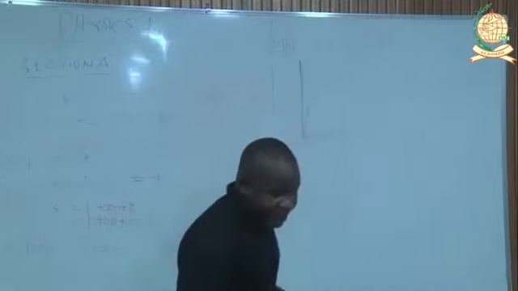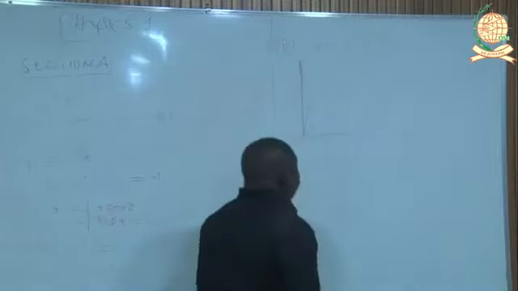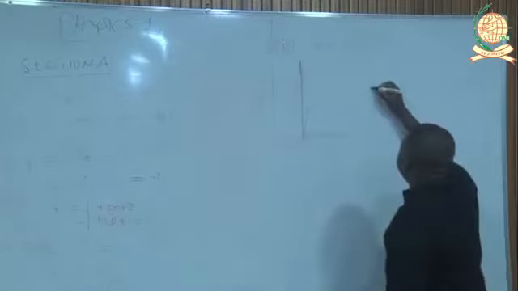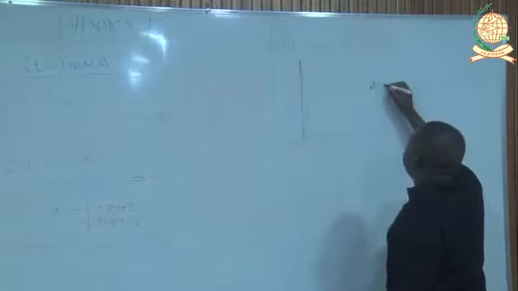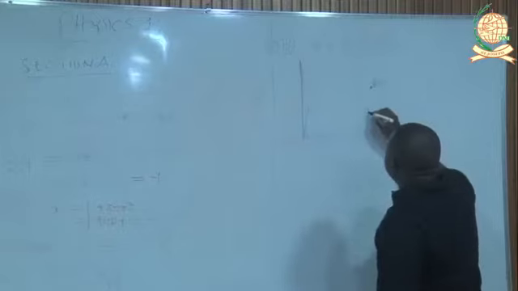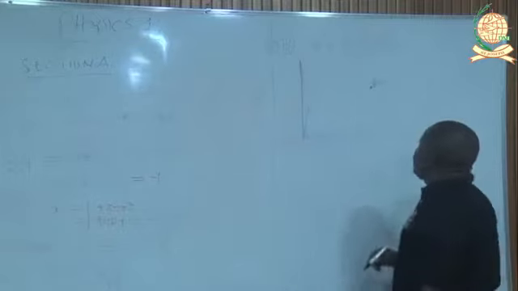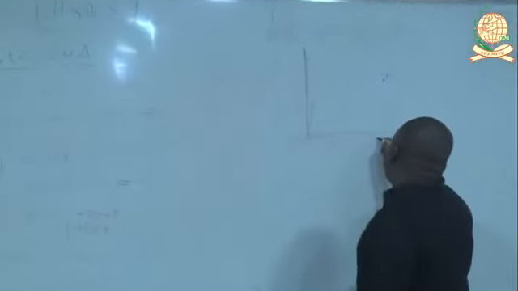We have been given that there is a point in the projectile, point P, having coordinates x, y. That means the particle has covered a distance y in the vertical and a distance x in the horizontal.